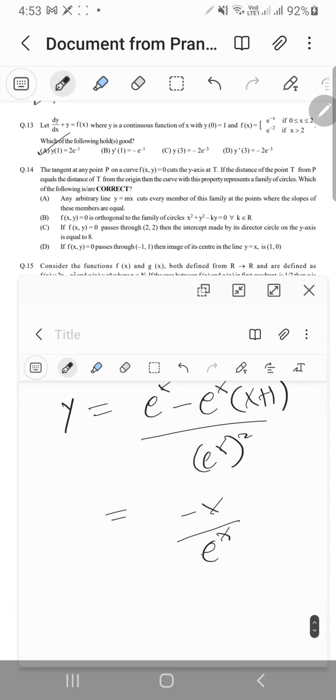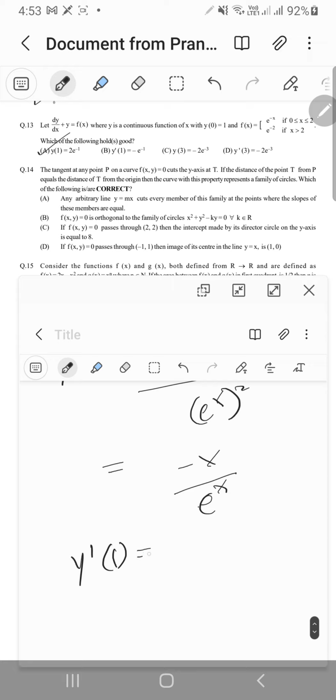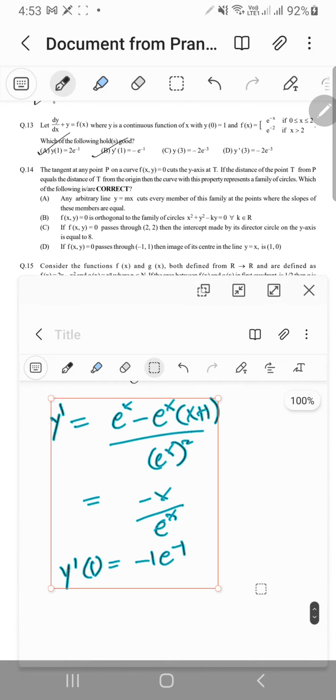So for y dash of 1, what was that thing? Y dash of 1 was, when you put this was the minus, yeah, that's how it is. So this is correct, y of 3 and y dash of 3. So for that, you would take that inside it.